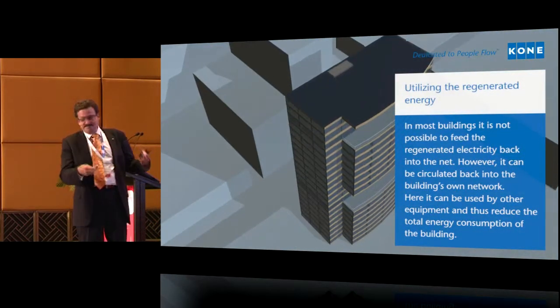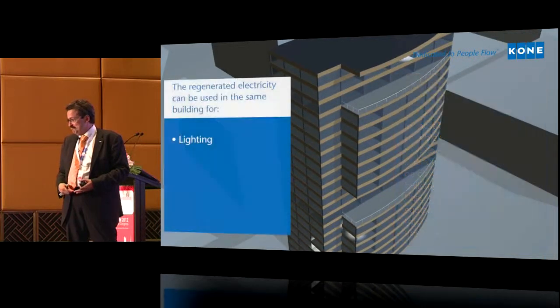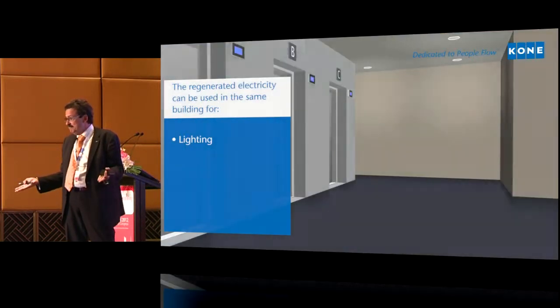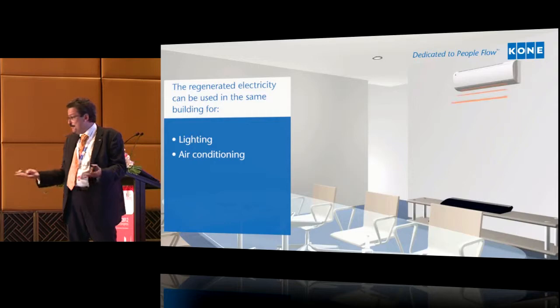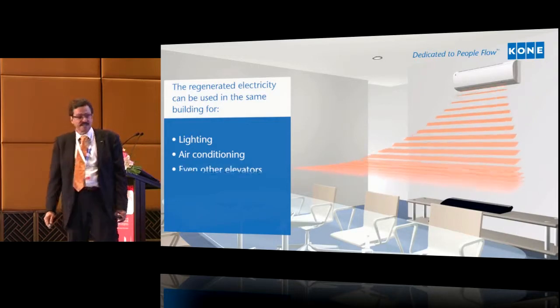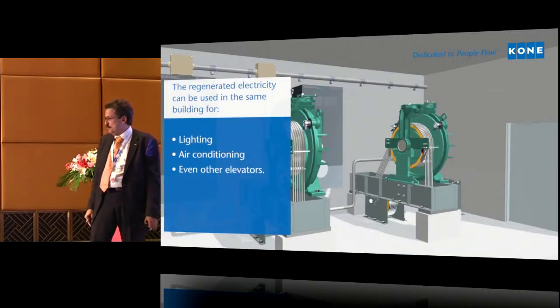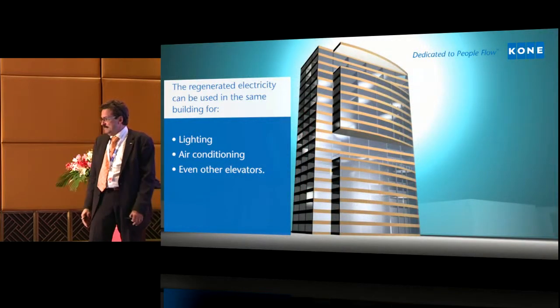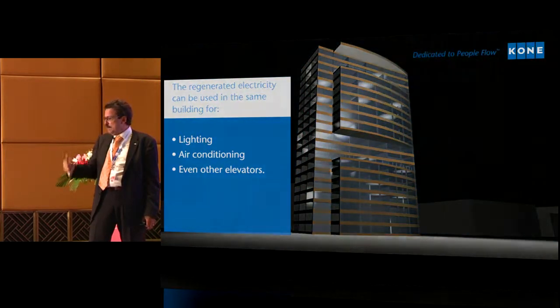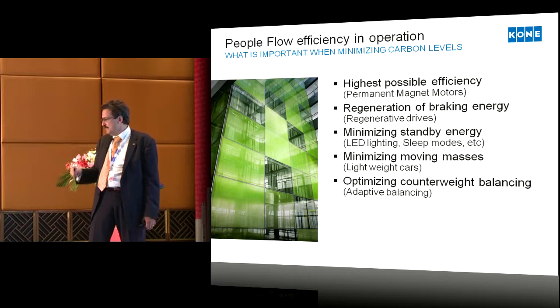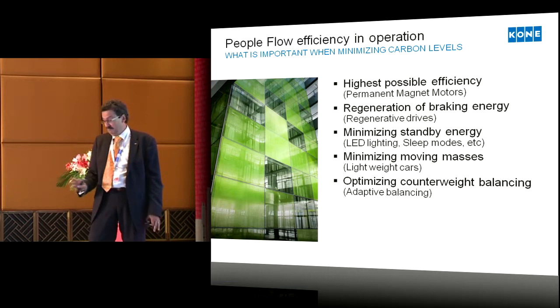So it goes to lighting, cooling, maybe even running other elevators, computers, whatever, all the other electrical appliances inside the building. So that's how it's being reused. And we will make sure that power factor, voltage, and frequency are all set right, so it's immediately reusable for you.